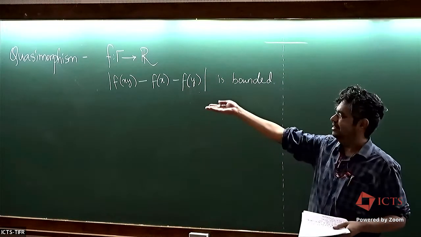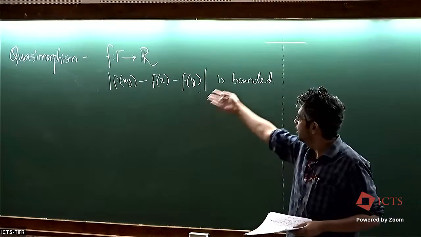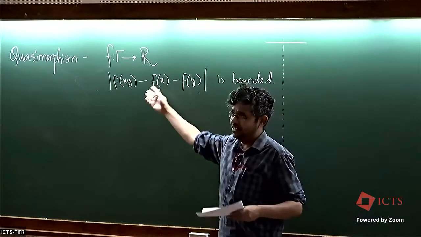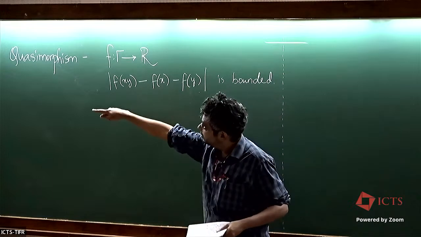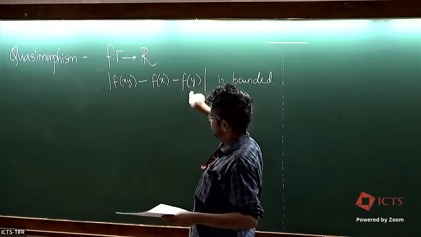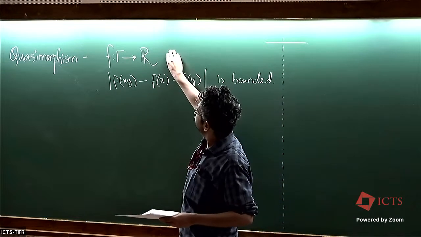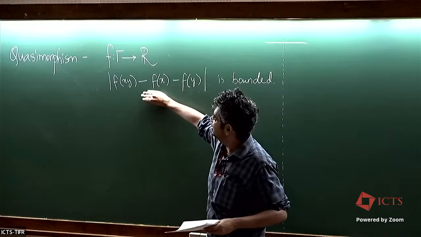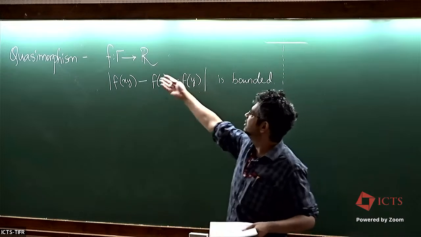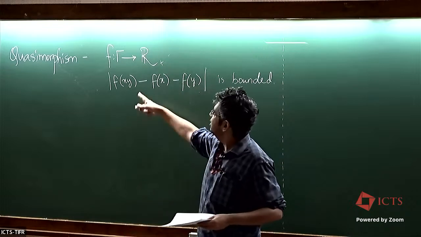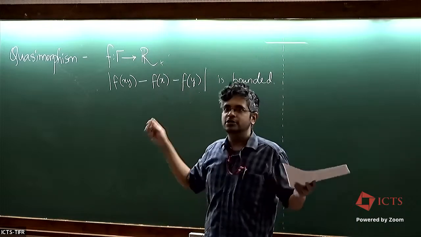So it is, in some sense, the same question, but here the target ring is R, so it's all linearized. Instead of phi of x, phi of y, it becomes f of x plus f of y. So if a function f has this condition, it's not exactly a linear map or a homomorphism to R plus, but it's still bounded.